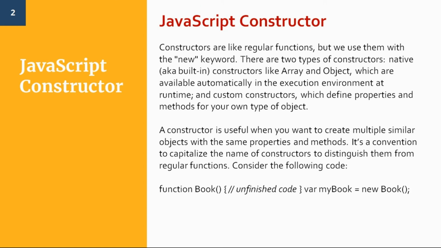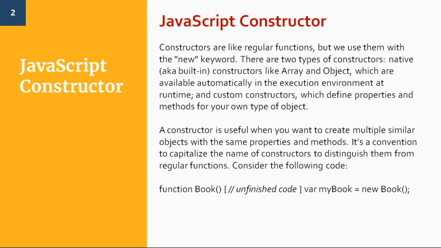There are two types of constructor: native constructors like Array and Object, which are available automatically in the execution environment and runtime, and custom constructors, with which you define properties and methods for your own type of object. A constructor is useful when you want to create multiple similar objects with the same properties and methods. It's a convention to capitalize the name of a constructor to distinguish it from a regular function.